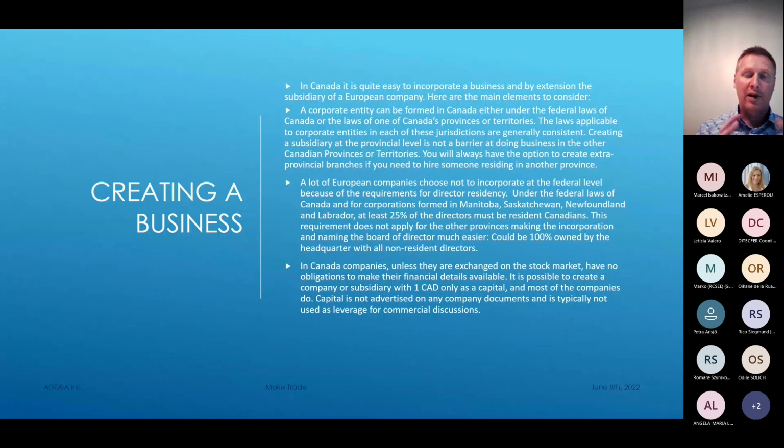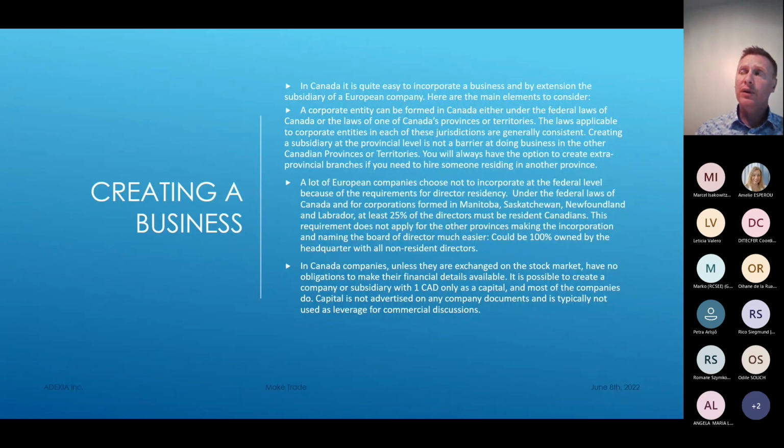And all the provinces are not doing the same thing. That would be too easy. For some provinces, you need to have a Canadian resident as a director. For others, you don't, and the company can be 100% owned and operated by an ownership in Europe. Typically, when we help companies come to Canada, we incorporate in Quebec, Ontario or BC, because those three provinces do not require a Canadian resident as a director.